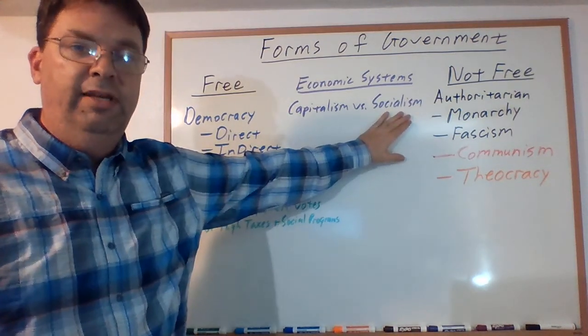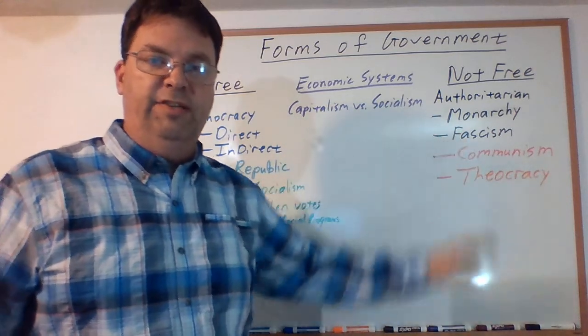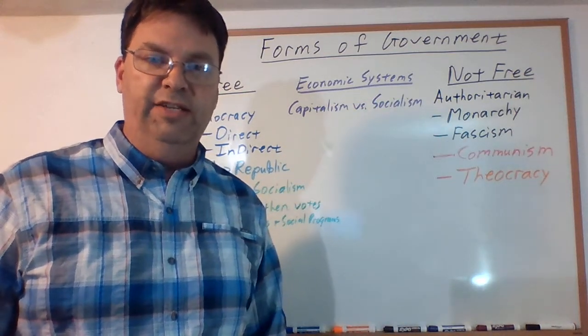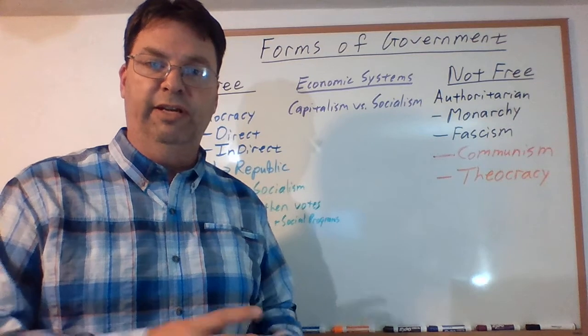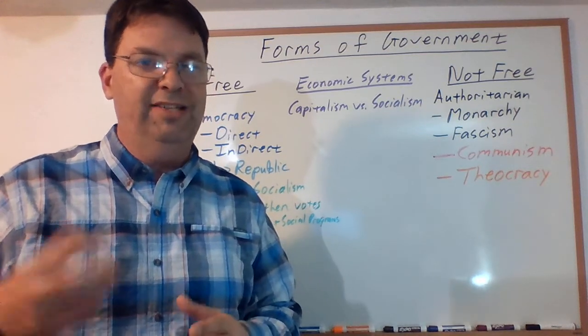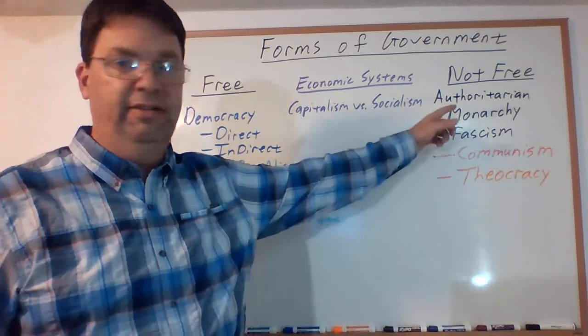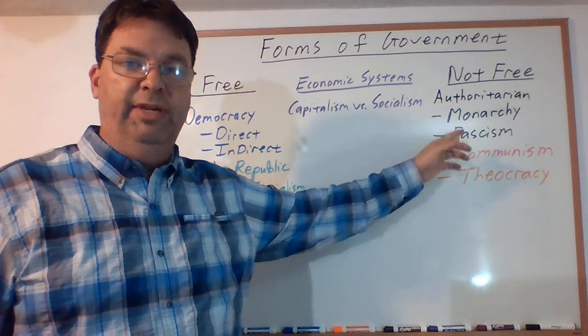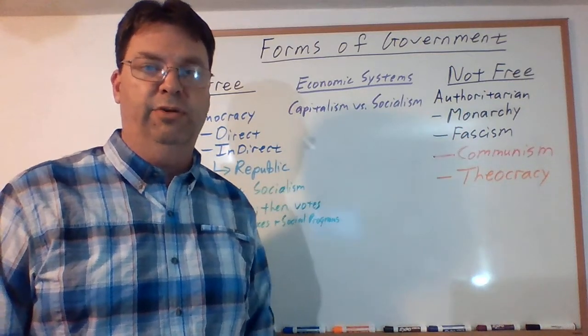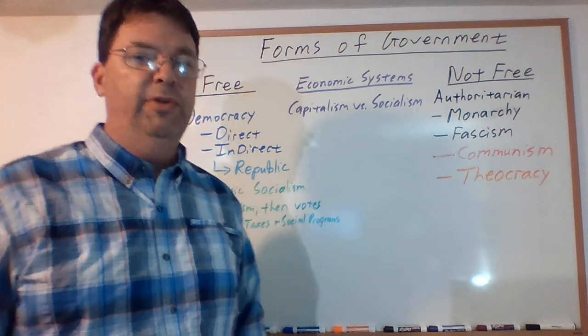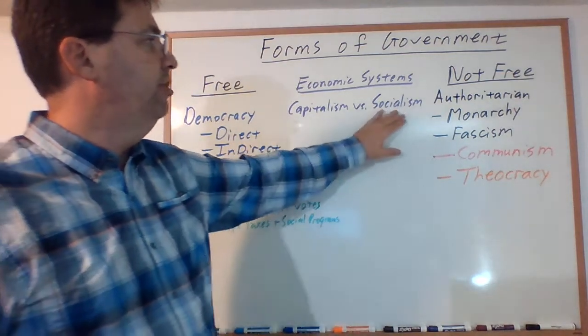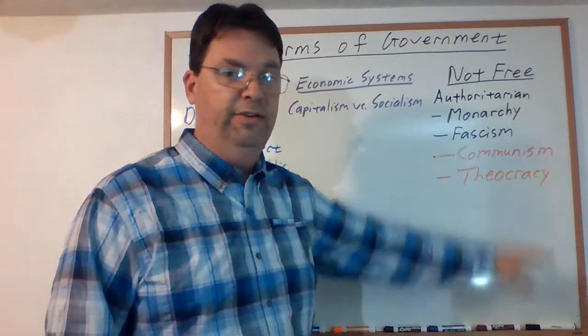Socialism is an economic system whereby the group decides how things will be bought, sold, and traded. And when I say the group, that's a nice way of saying it's the government, okay? The government decides how things will be bought, sold, and traded. So almost always you're going to find that socialism lines up with these.